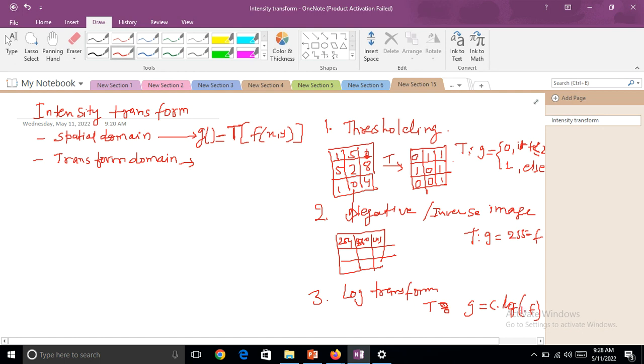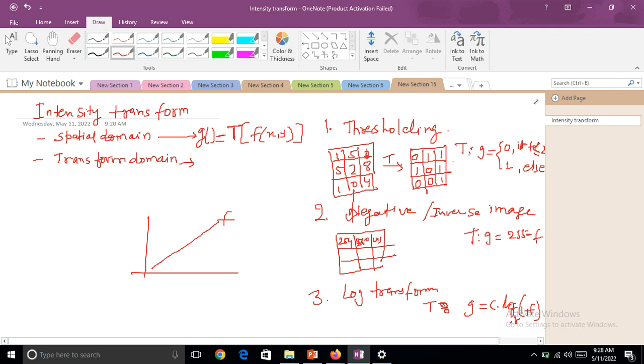So put here 1 plus f. So in this case, if you apply log to your original pixel value f, it depends upon the base value, log of 1 plus f with base r.